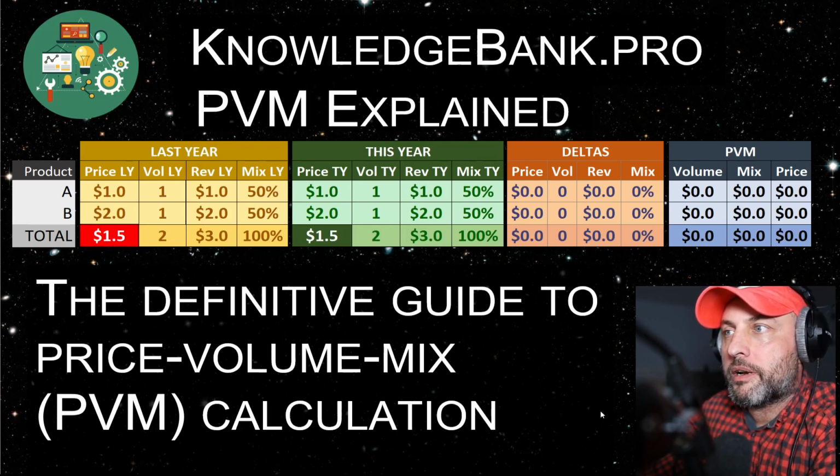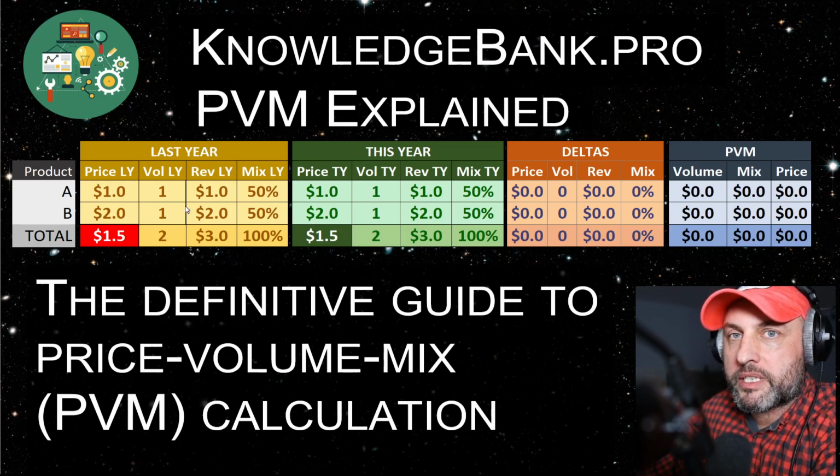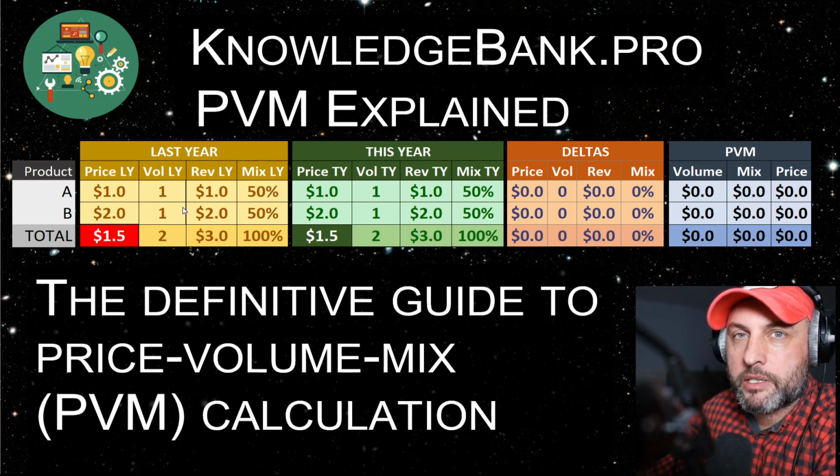Another way to think about it is we can simplify our portfolio and just say, hey, if my mix does not change, then I don't care about what products I sold. I just need to know how many units I've sold. I know what the average price is, and as long as mix stays the same, then I can exactly tell you what my revenue is, right?